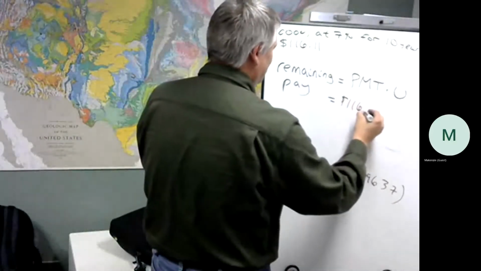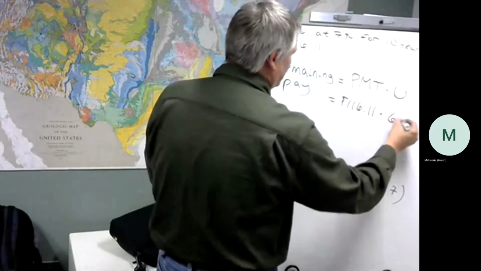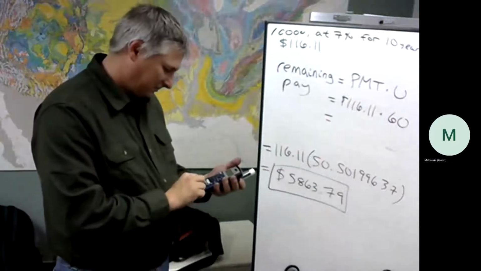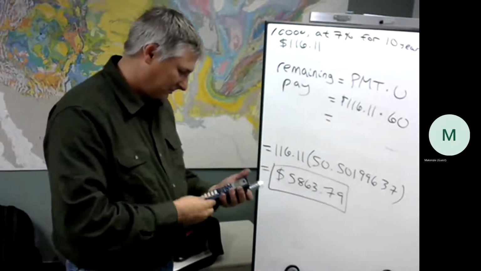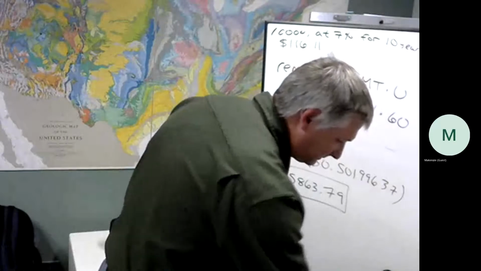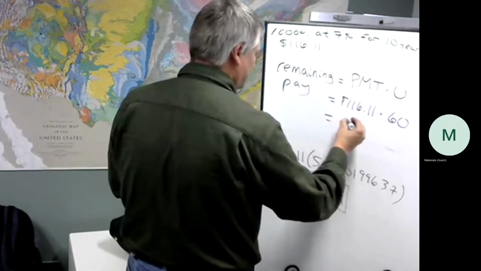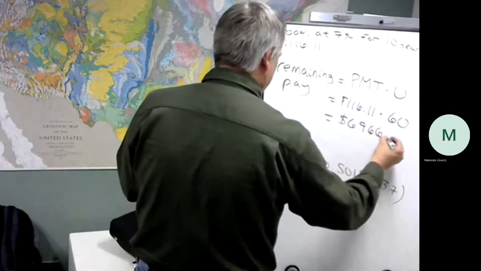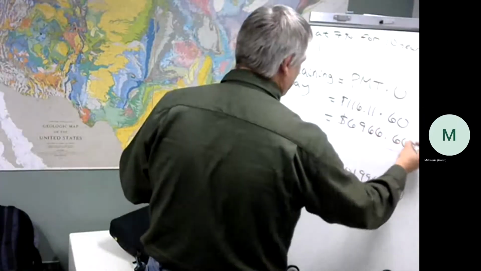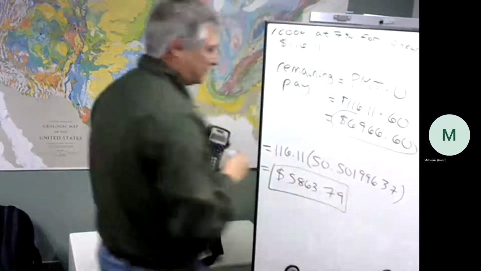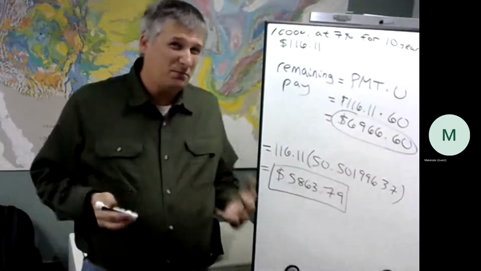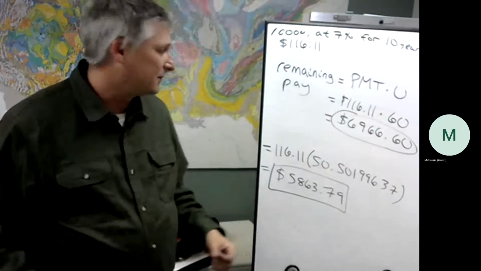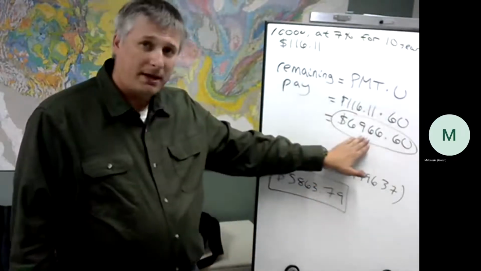So 116.11 times 60, we get $6,966.60. So if we decided to continue paying for the remaining 5 years, well, there's 60 payments in those 5 years, this is how much we'd be paying.